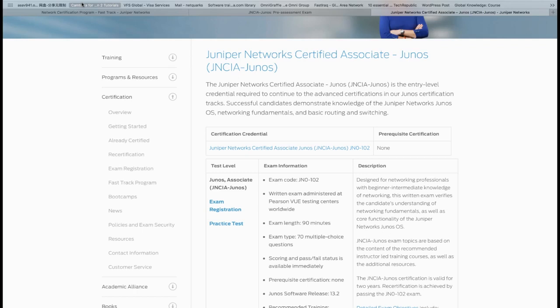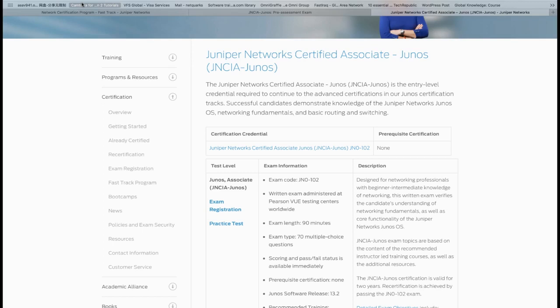Let's now talk briefly about the exam before we finish this particular series. The JN0-102 exam is a written exam in the sense that it uses an automated engine.